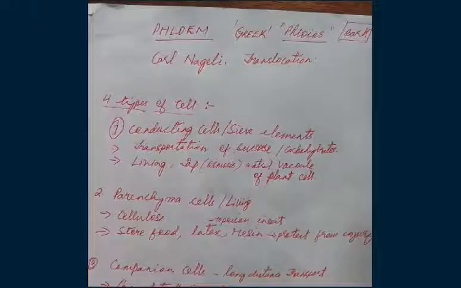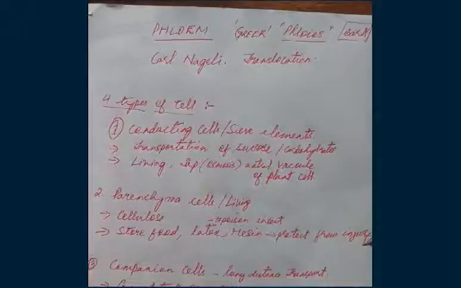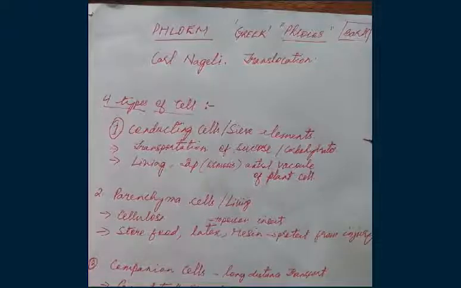In xylem we have studied that transportation is only in one direction, from the root tips to the leaves of the plant for photosynthesis, and it carries only water. But in the case of phloem, the direction is bidirectional.